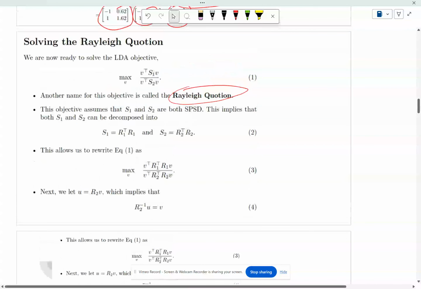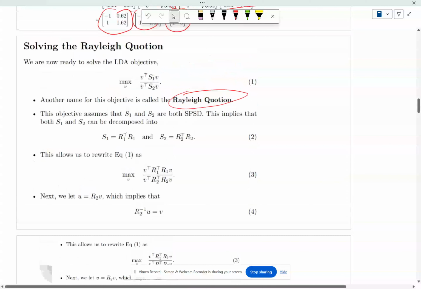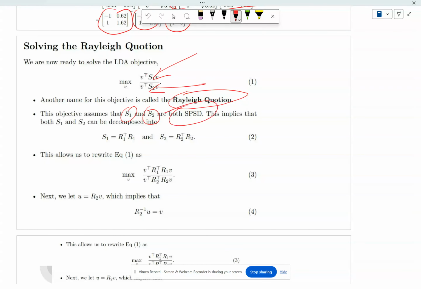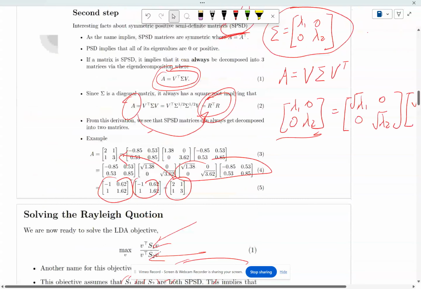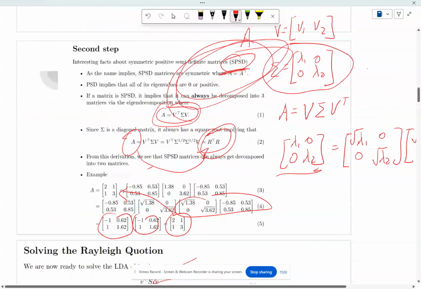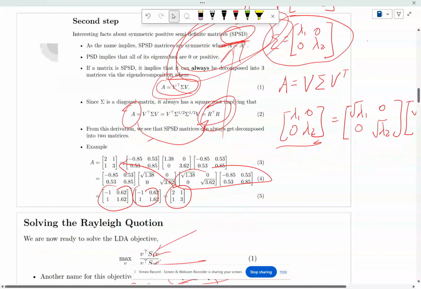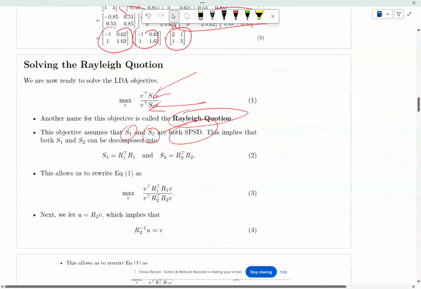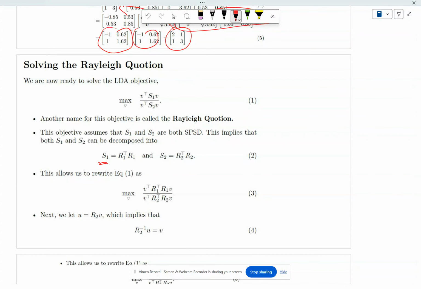And we're going to make one key assumption: that S1 and S2 are symmetric positive semi-definite. I just told you, if things are symmetric positive semi-definite, there are some special properties that come along with it. The property that we're going to use is that S1 and S2, because they're symmetric positive semi-definite, we can always break them into two matrices.